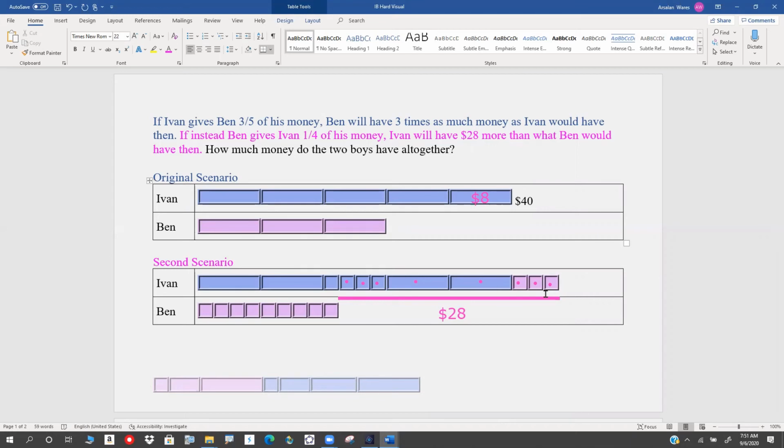So 3 times 8 is 24. So the boys together have 40 plus 24, or $64. That's my answer.